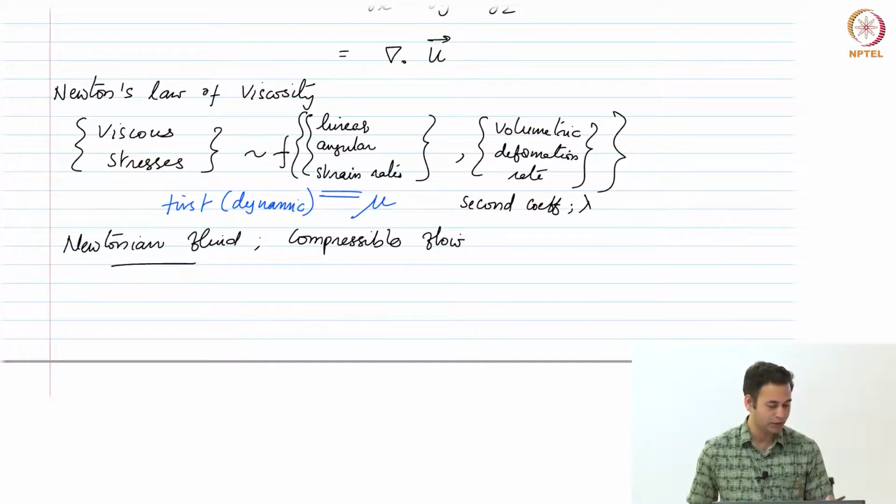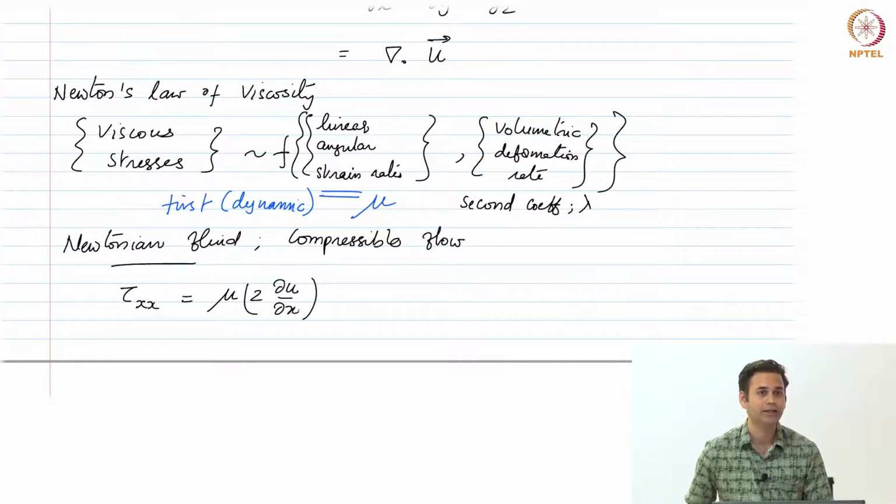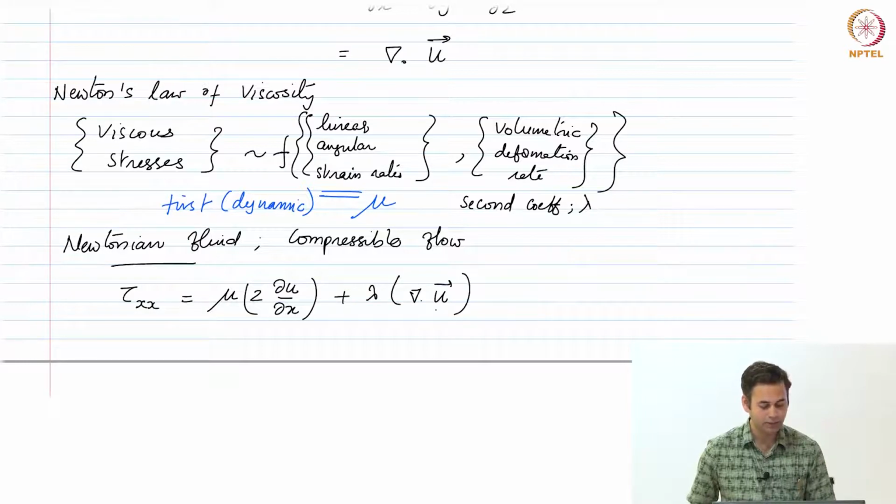Now, if this is the case, we can list down the viscous stresses using Newton's law of viscosity as tau sub xx equals mu times 2 partial u partial x, okay. That is the coefficient which makes the proportionality symbol go away. You have this first coefficient of viscosity, plus you have lambda times del dot u bar, okay.